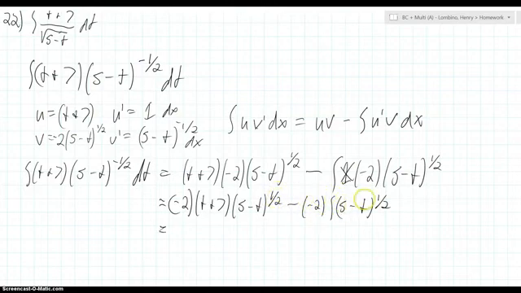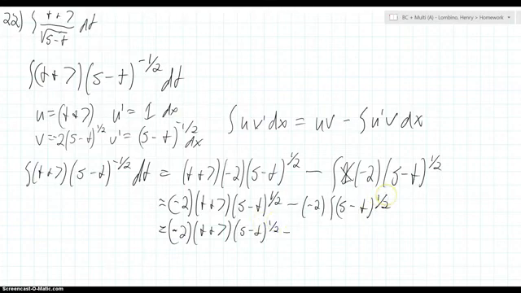So let's do negative 2 times (t plus 7) times (5 minus t) to the 1/2, minus, let's just do positive 2, because those negatives cancel out, and then we're going to integrate this.